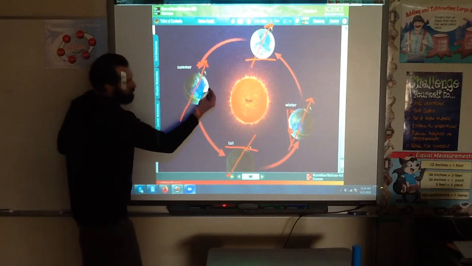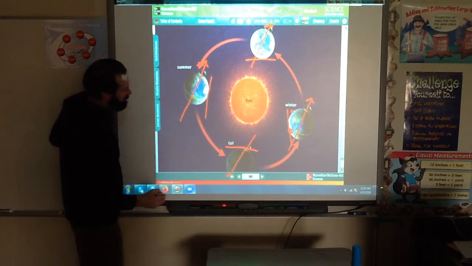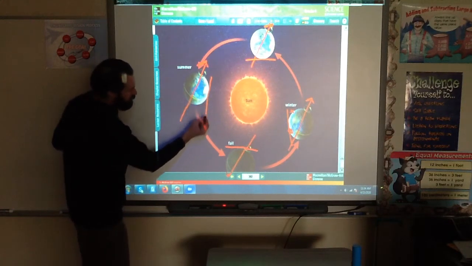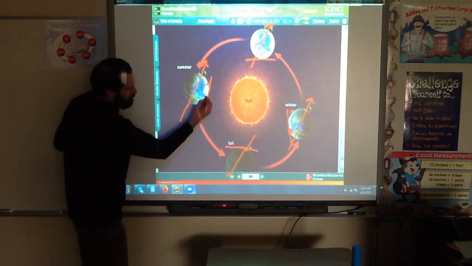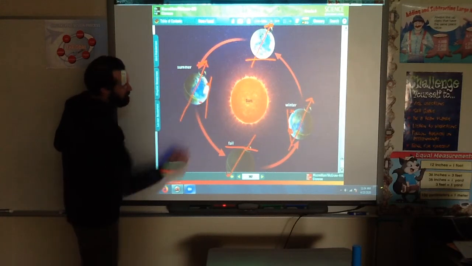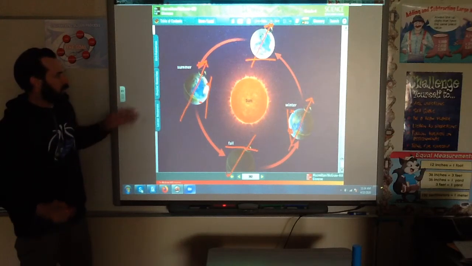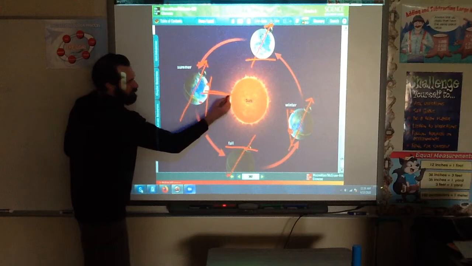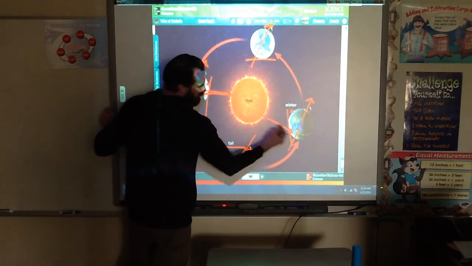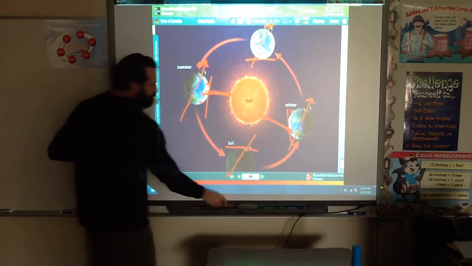On this one, if I draw a line kind of straight up and down, you can see that this part of the Earth right here is closer than this part right there. So it has to do with the tilt of the Earth. The sun's light is going to hit there, more going to hit there.